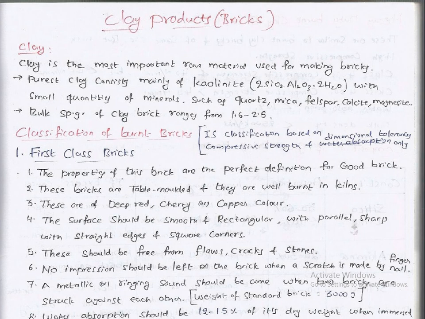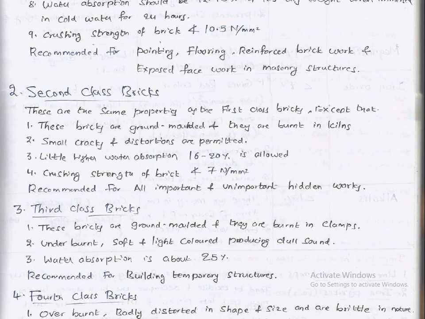Water absorption should be 12 to 15% of its dry weight when immersed in cold water for 24 hours. Crushing strength of the brick is not less than 10.5 Newton per mm square, recommended for pointing purpose, flooring, reinforced brickwork, and exposed facework in masonry structure.